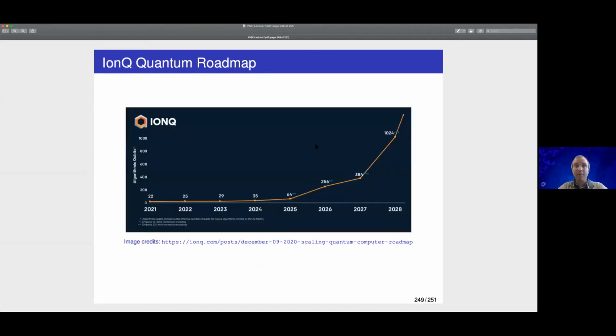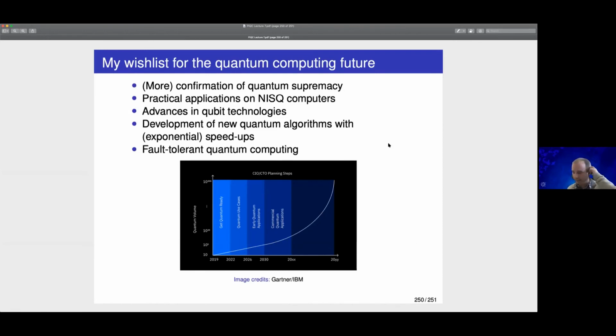Okay, so well, there are other companies like IonQ that talk about algorithmic qubits, which are qubits with good properties. Okay, so I think we are going to see quite a lot of development in the following years. And my wish list for this near term, or for a more medium term, would be first to have more confirmation of quantum supremacy. This experiment done by the researchers in China, other groups working in different approaches or confirming the same approaches.